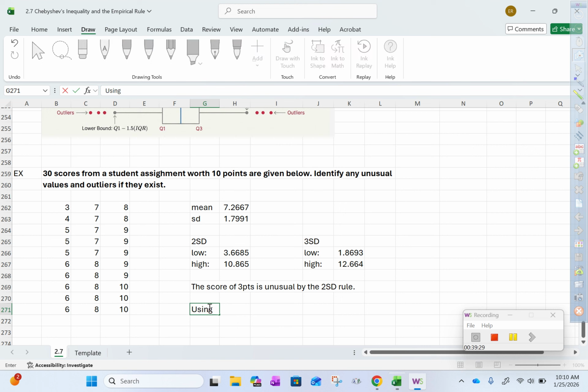So using the 3 standard deviation rule, there are no outliers because all values fall within the interval 1.87 and 12.66, approximately. Okay. Points.